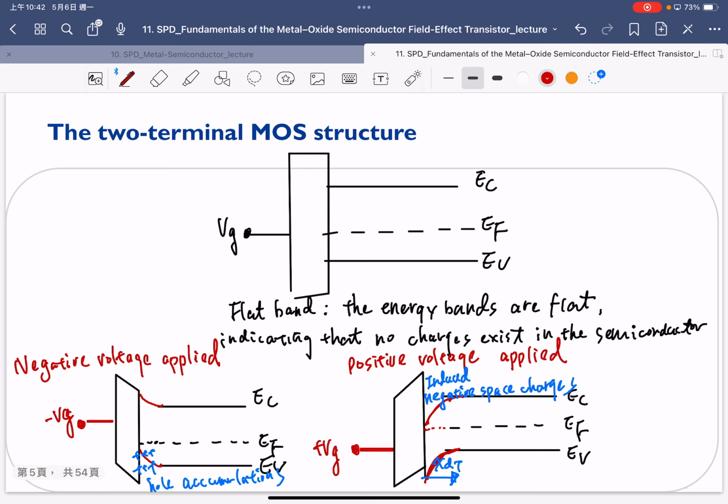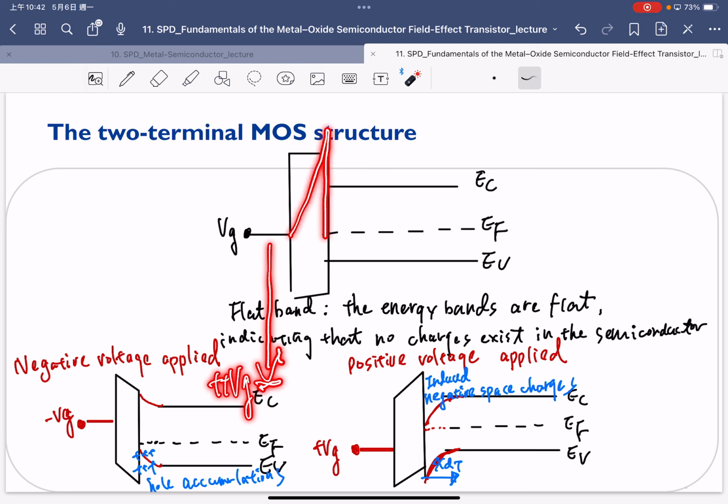Therefore, we can expect there's a huge band bending in the semiconductor as well.